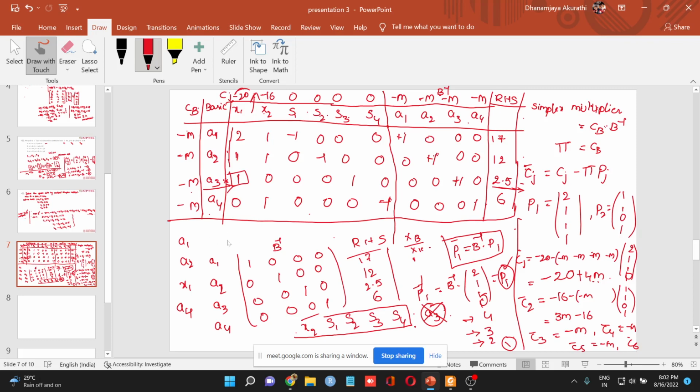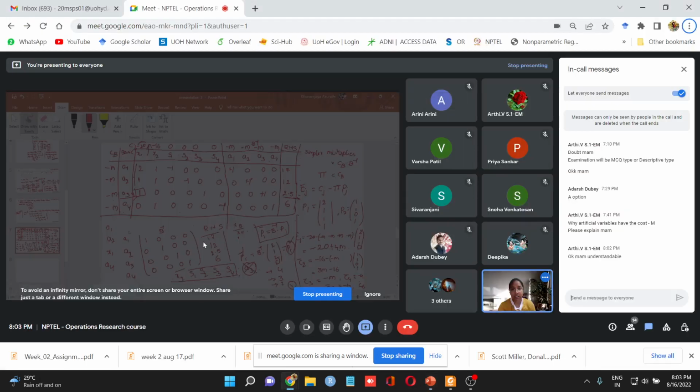If it was not an artificial variable, if it was a slack or surplus variable, then we have to calculate it. Only for the artificial variable we will not calculate the deviation. Yes. Because we can get the degenerate solution whenever the basis includes the artificial variable. Right.